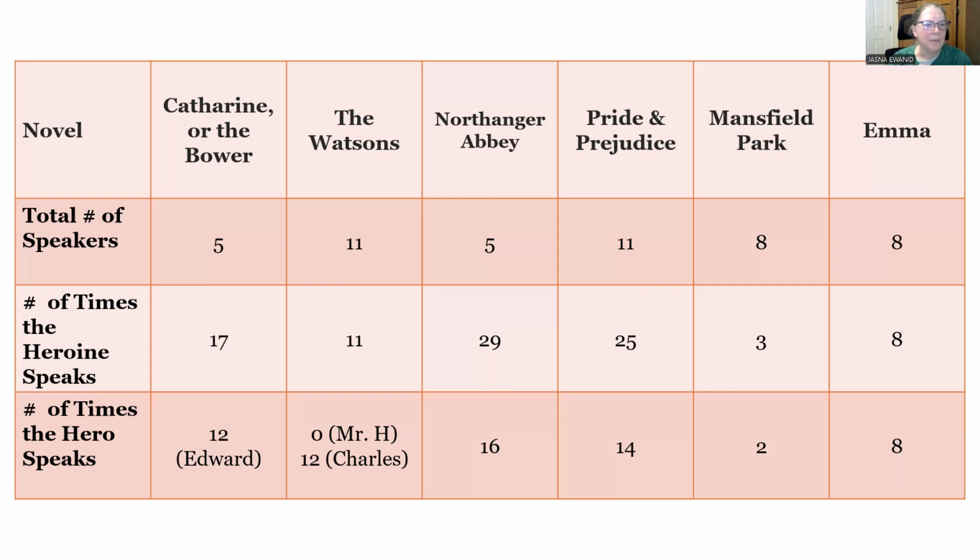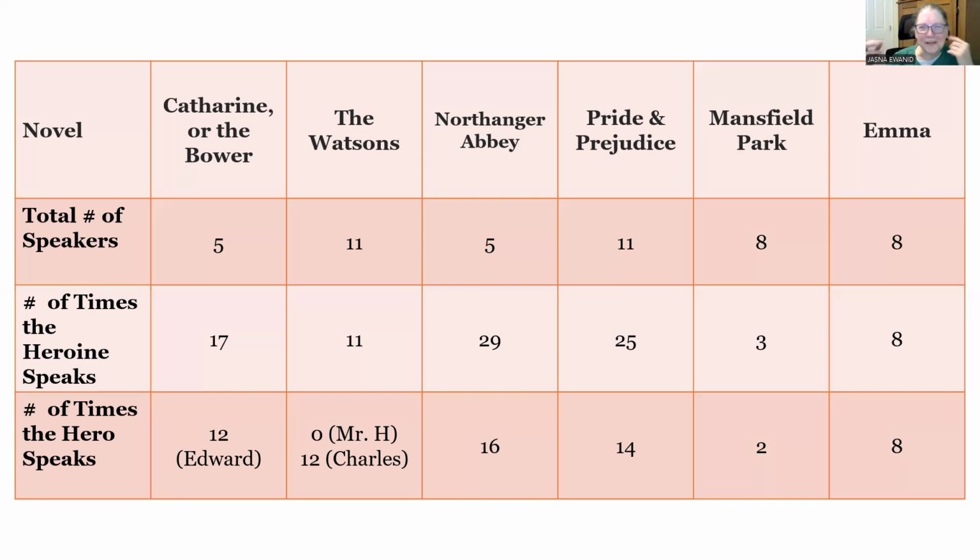And then in terms of the number of times that the heroine speaks, Kitty speaks 17 times. Emma Watson speaks 11. Northanger Abbey, Catherine speaks 29 times. Pride and Prejudice, Elizabeth speaks 25 times. Mansfield Park, Fanny speaks 3 times that she's directly quoted.